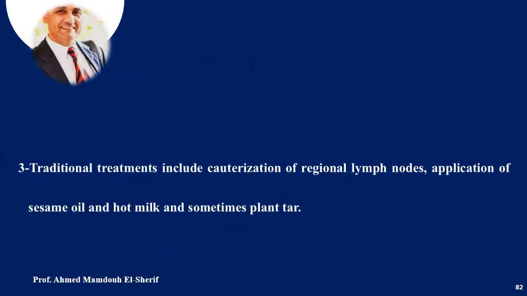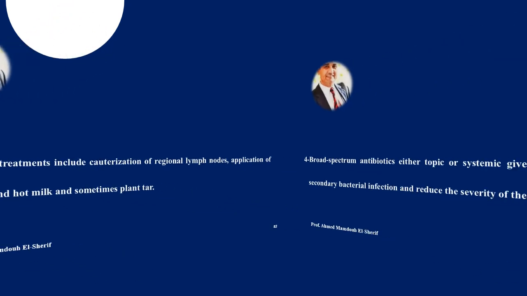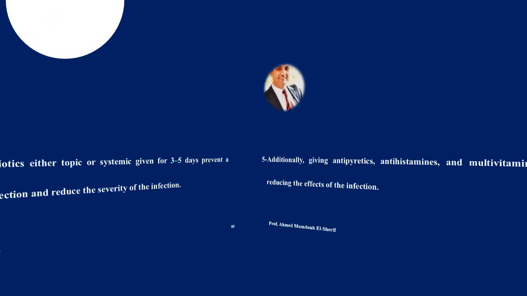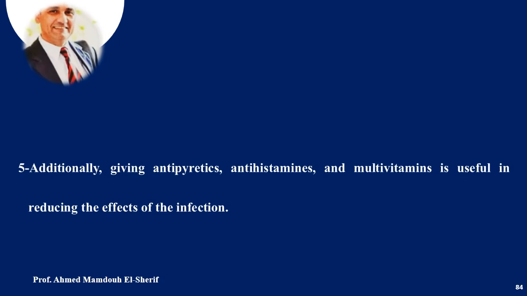Traditional treatments include cauterization of regional lymph nodes, application of sesame oil and hot milk, and sometimes plant tar. Broad-spectrum antibiotics, either topical or systemic, given for 3 to 5 days, prevent secondary bacterial infection and reduce the severity of the infection. Additionally, giving antipyretics, antihistaminics, and multivitamins is useful in reducing the effect of the infection.